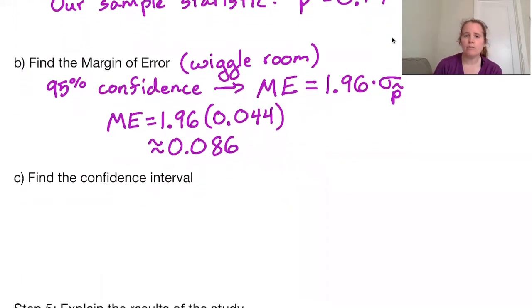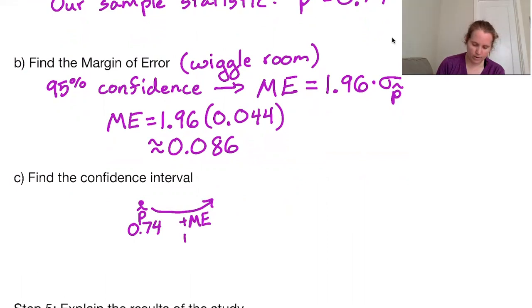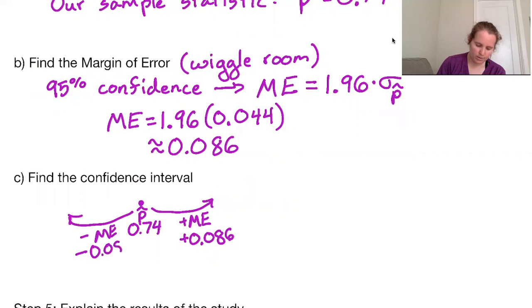When we find our confidence interval, we start off at our p-hat, or 0.74. We go out by our margin of error. So we go up by 0.086, and we go down by 0.086.